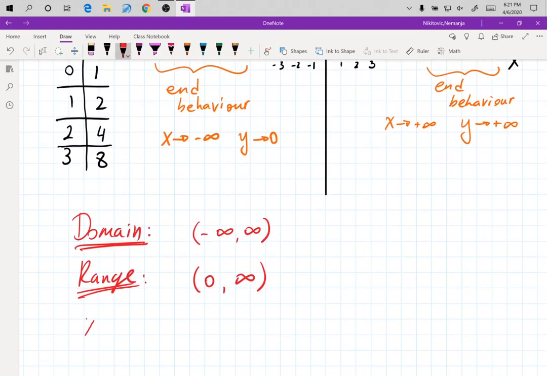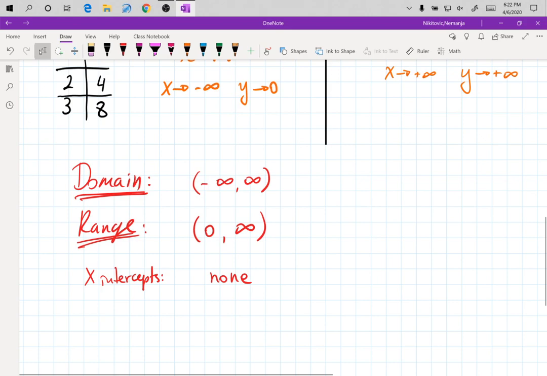Well, we also want x-intercepts, and that's none, because I just said it will never cross the x-axis. Therefore it can't have any x-intercepts. That should be common sense. And finally we have y-intercepts.